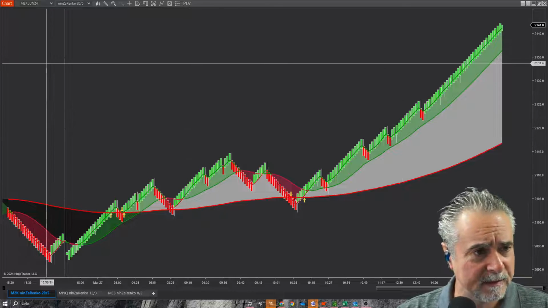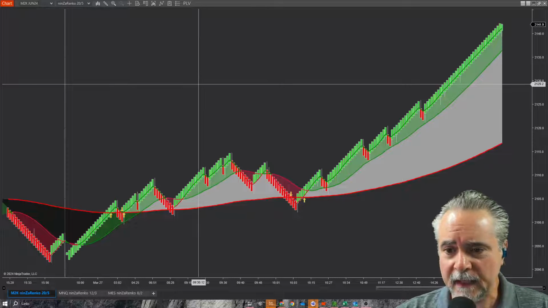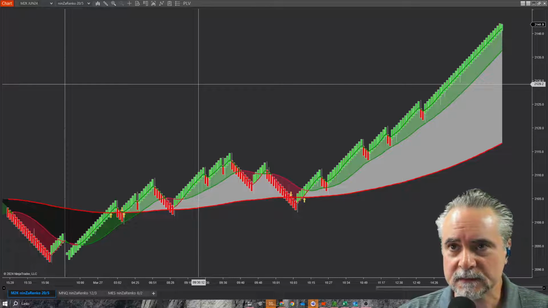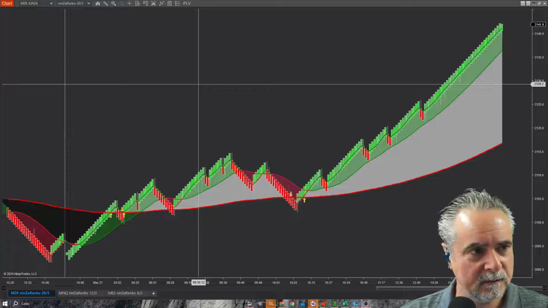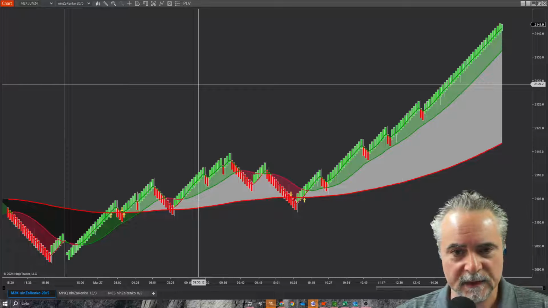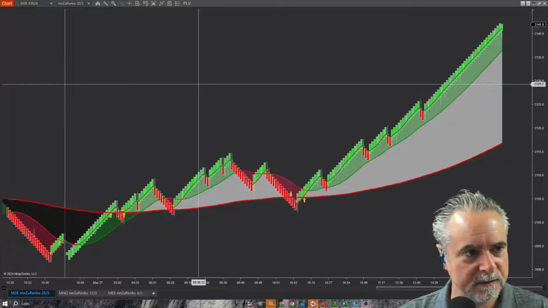So anyways, right now I've been trading micros. I'm trying to scale up the number of contracts that I'm using so that I can scale in and out of positions, and on the minis that's challenging.